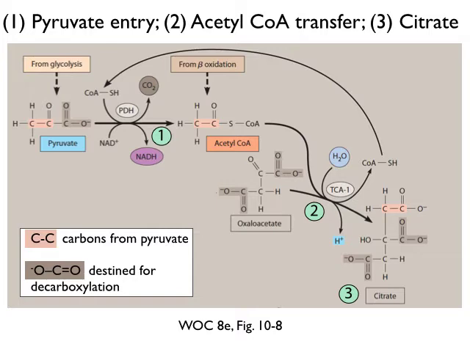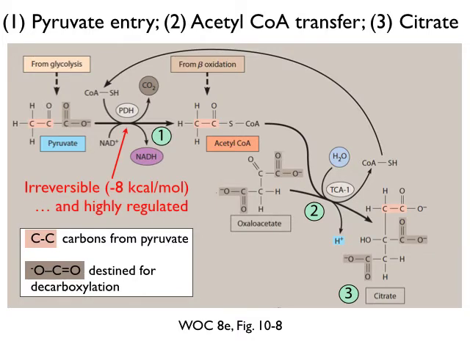The enzyme that catalyzes this reaction, pyruvate dehydrogenase, is heavily regulated. In fact, that reaction is essentially irreversible under physiological conditions, a very highly negative delta G prime for that reaction. And so it makes sense that cells would tightly regulate entry into the cycle at this point.